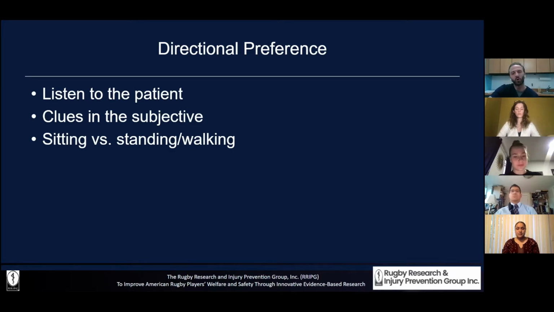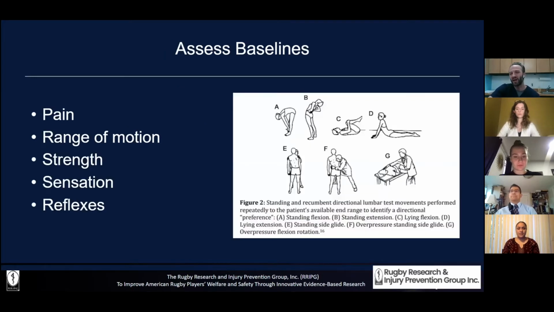So I start to get some clues as to what direction I want to start moving this patient. After my subjective exam, after I meet with a patient and speak with them for the first time, I get a thorough history. I need to get baselines on day one, right?